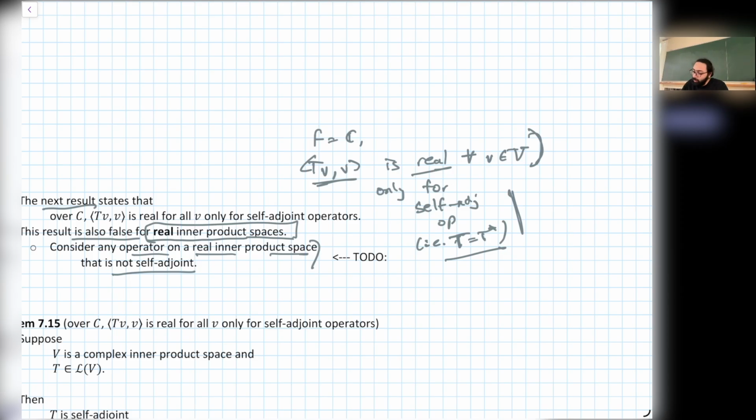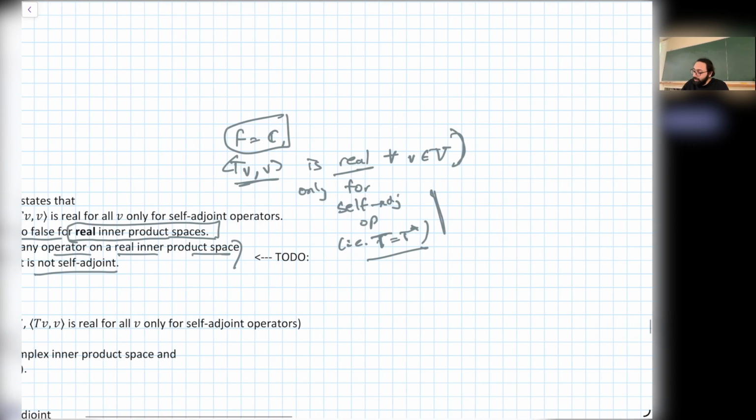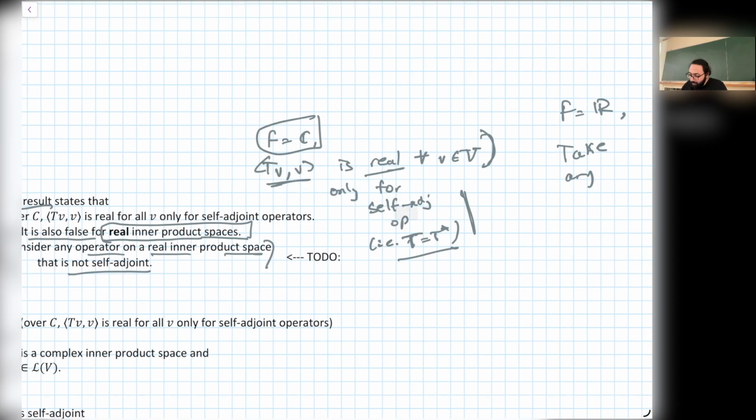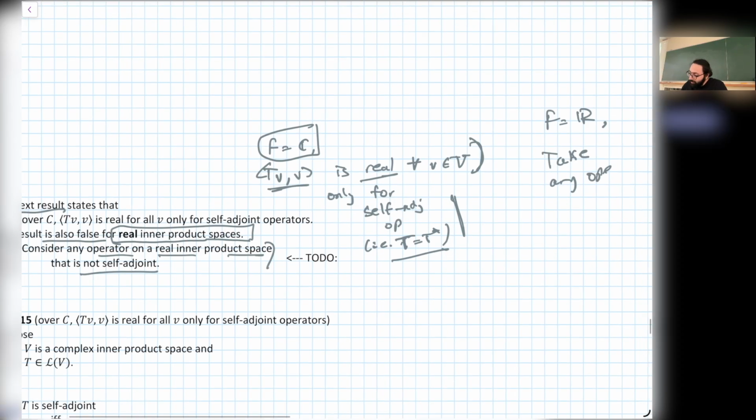But this property only holds for complex numbers. So if the field is real, take any operator that is not self-adjoint.